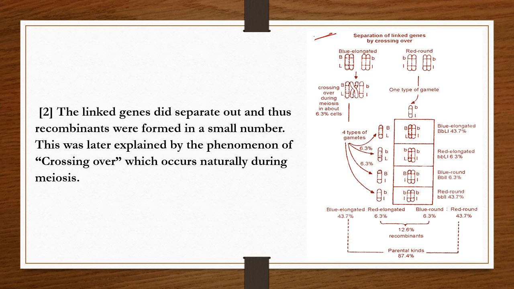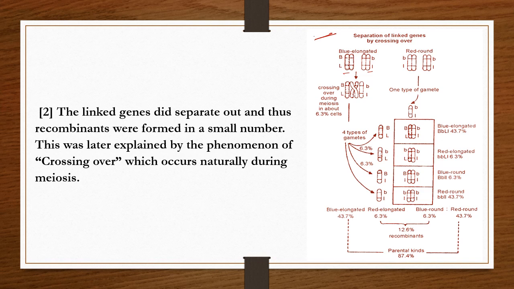Same concept. In this pair of chromosomes, one chromosome has capital B, capital L, and the other chromosome has small b, small l.